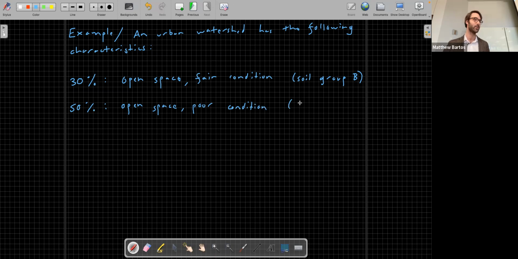And this is soil group C. And we have that 20% is paved parking lots, roofs, and driveways.